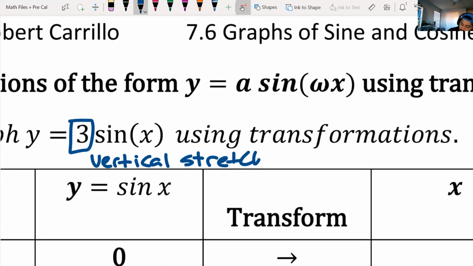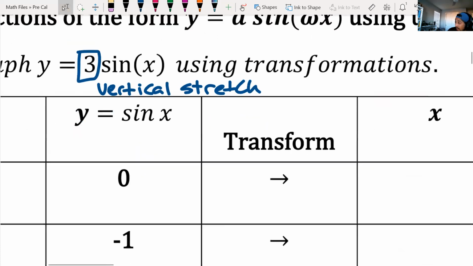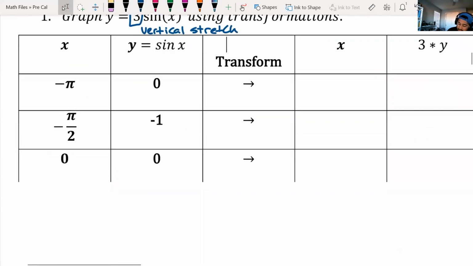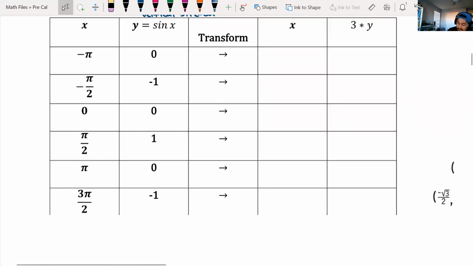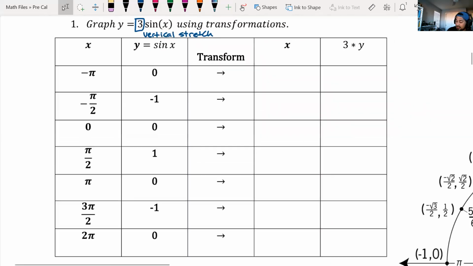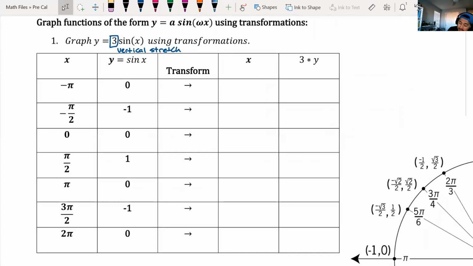Okay, and since we're using transformations, I went ahead and did you a favor and put the parent function's coordinates here already. Since this is just a transformation on your y values, our x values are going to stay exactly the same.